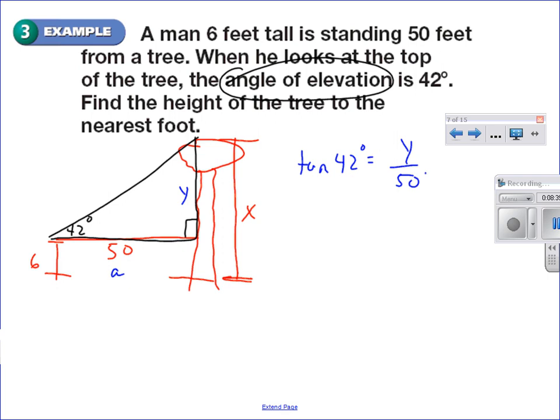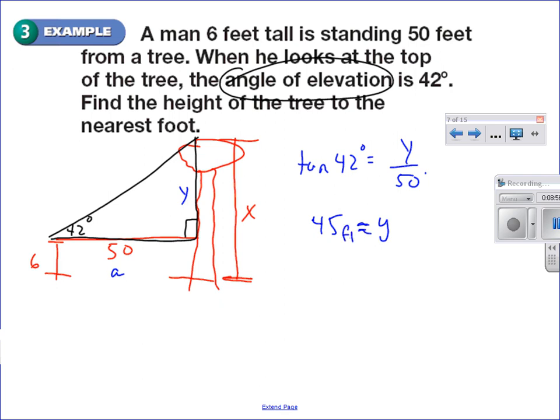That's a beautiful thing because we can just multiply that quickly. And we get y is equal to, when I cross multiply there, about 45, approximately.